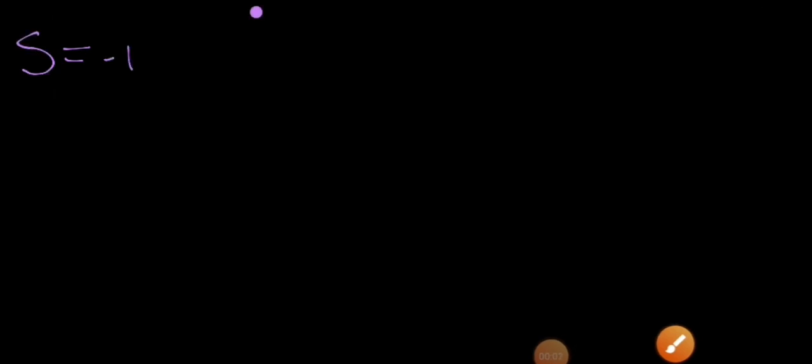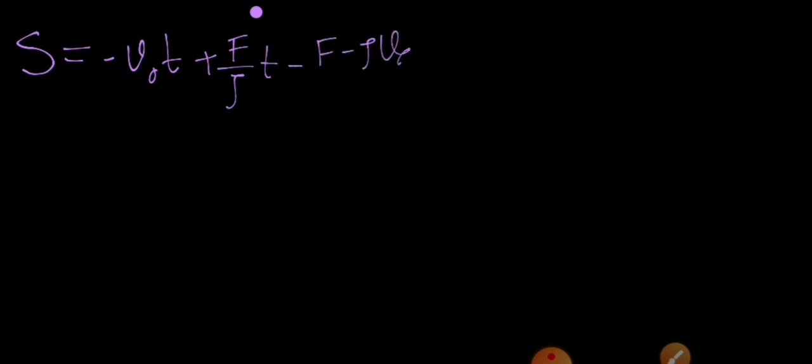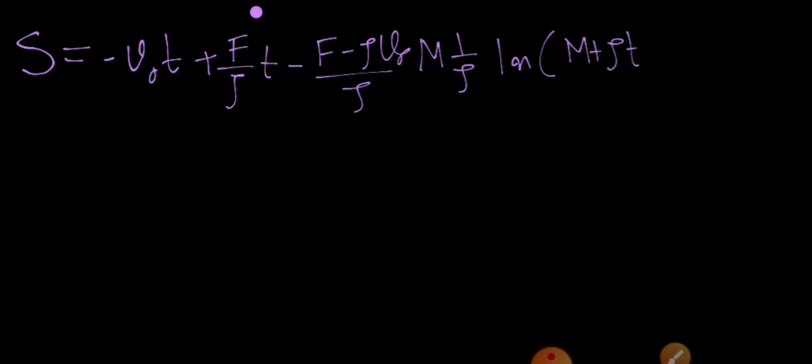We get the value s equal to minus v naught t plus f by rho t minus (f minus rho v naught) by rho into M into 1 by rho ln of (M plus rho t) by M after substituting the limit. So this can be simplified, and once I simplify this one, I'll get the final value as a function of time.